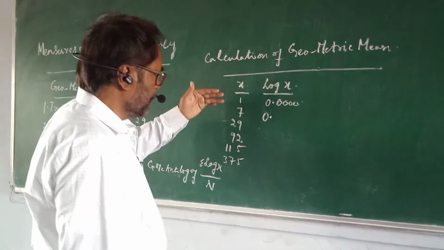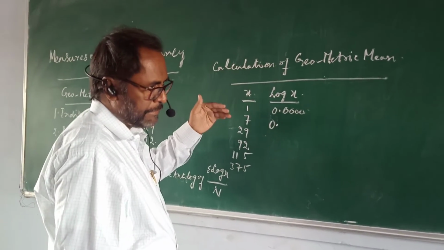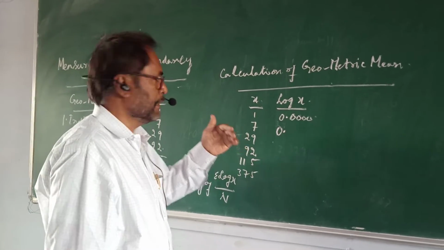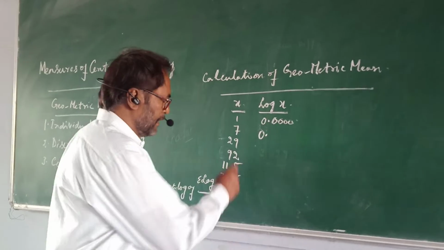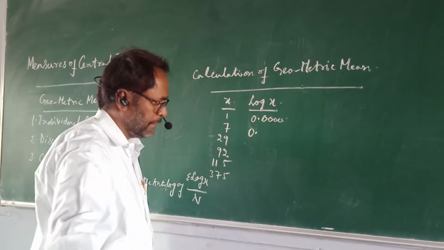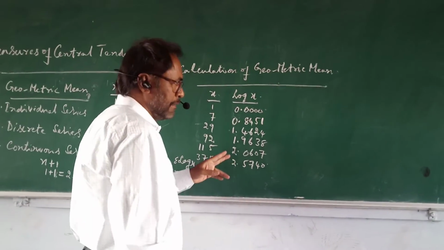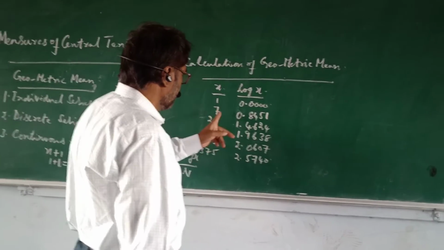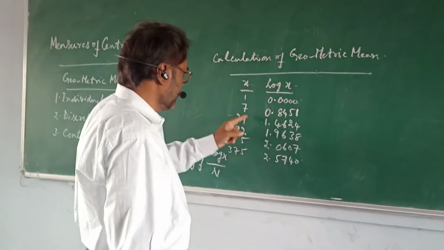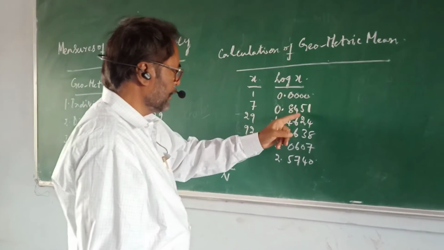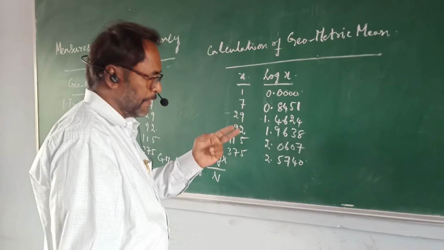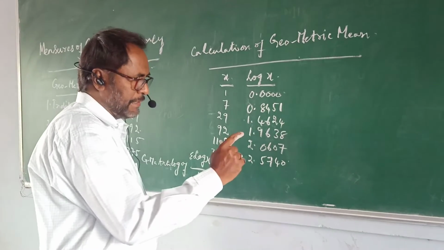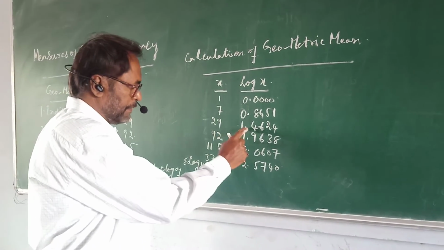Therefore from the logarithm tables, what value do we take? The 70 value, 70 under 0. Then two values will be given. These are the log x. For 7, 0.8451. Then for 29, 2 values, so n minus 1 means 2 minus 1, 1.